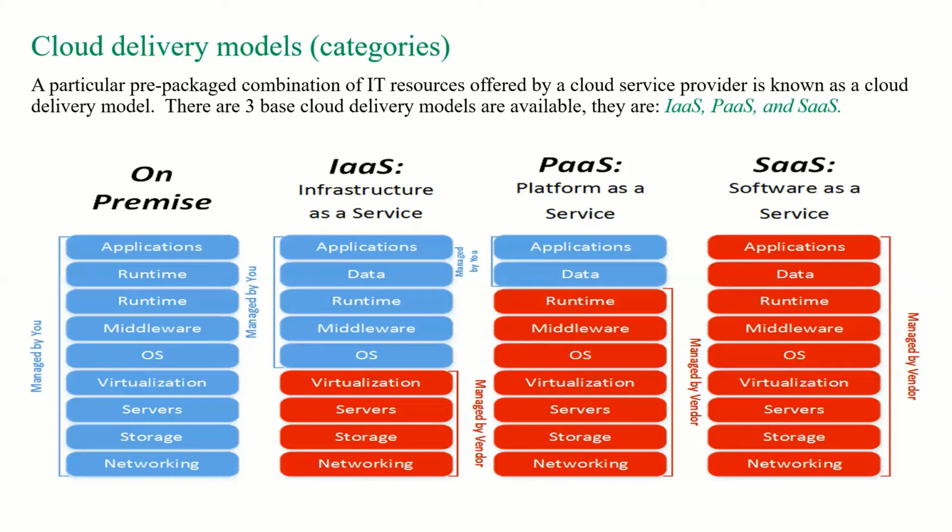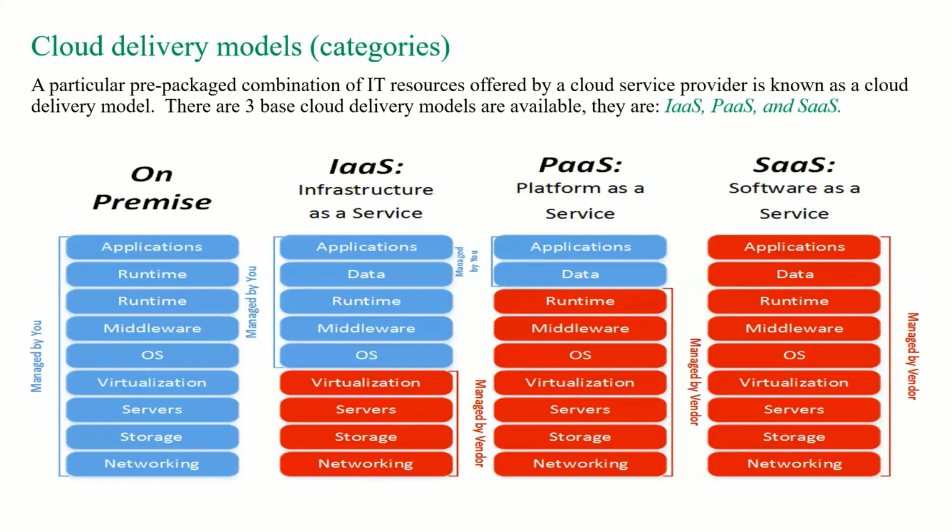So that is what we are referring to back and forth as a cloud delivery model or cloud categories. So let us understand the traditional way of managing our on-premises data center with cloud delivery models such as infrastructure as a service, platform as a service, and software as a service.